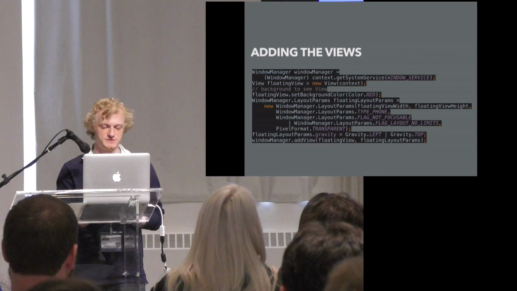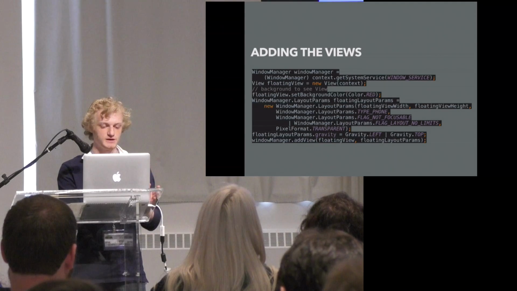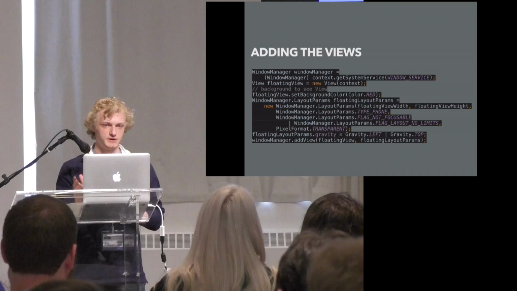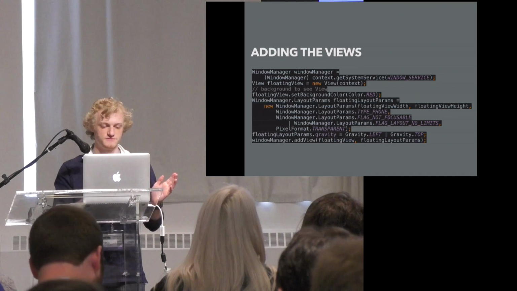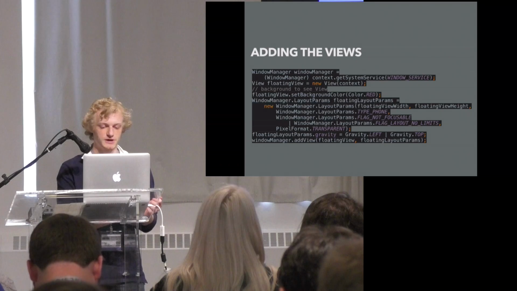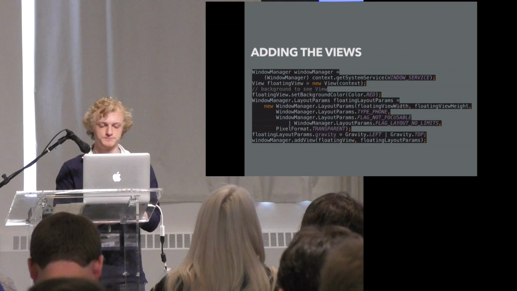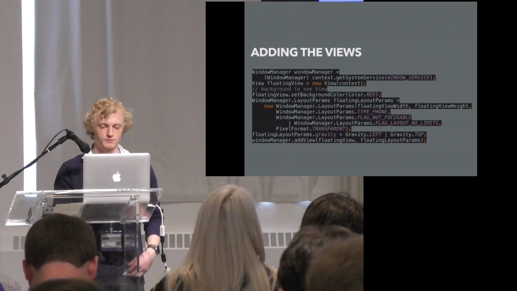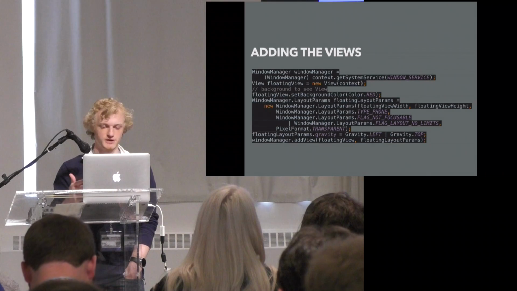X and Y are relative to your gravity, so the greater the X value, the farther to the right if your gravity is left, or the farther to the left if your gravity is right. And similar for Y being top to bottom or bottom to top.